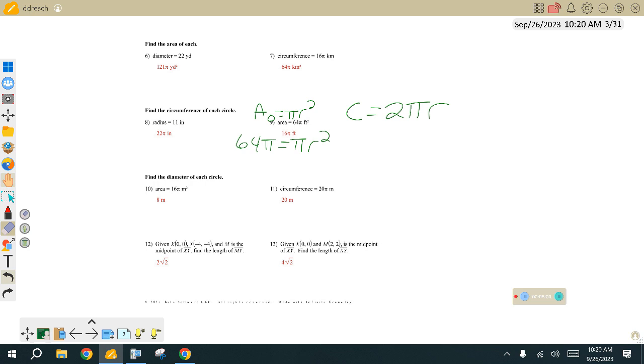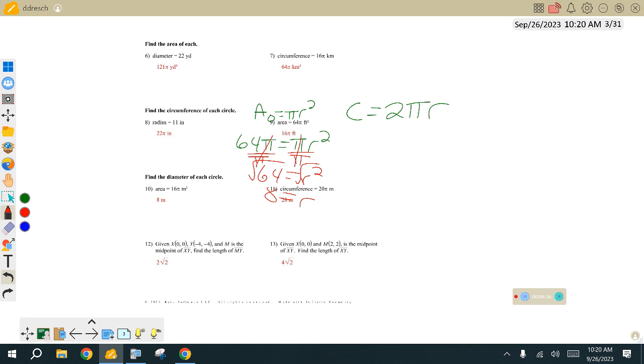The radius is 8. What we're doing algebraically is we're dividing by pi, and you're square rooting that thing. That's what's going on algebraically. You're square rooting that 64, and the square root of 64 is 8 plus or minus. We toss the negative.